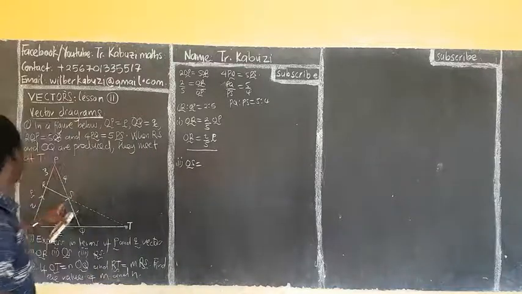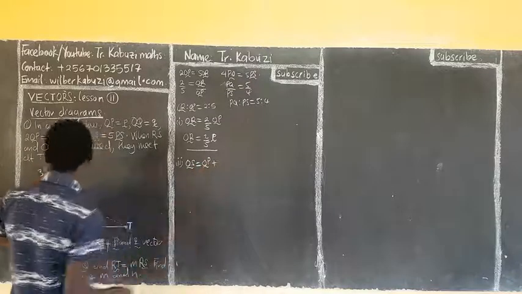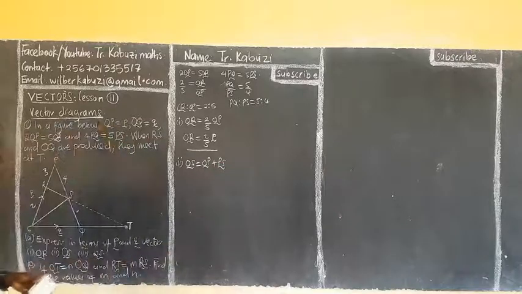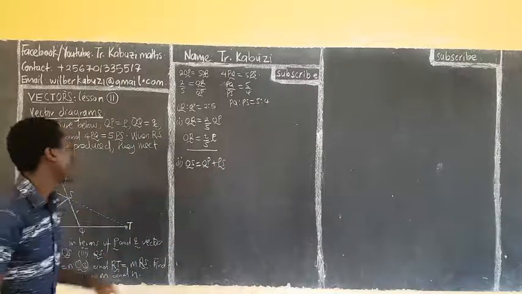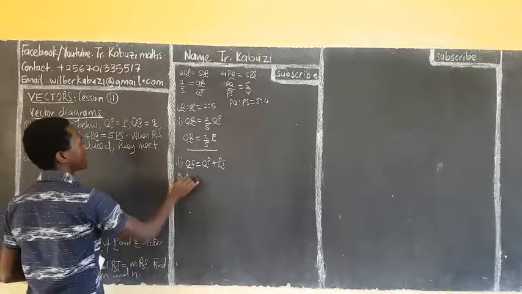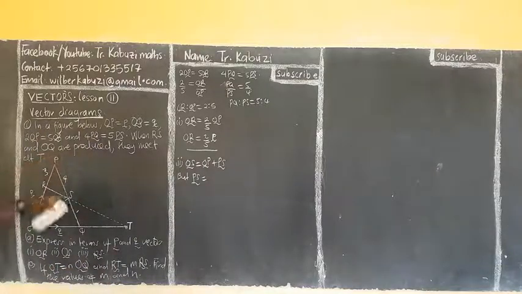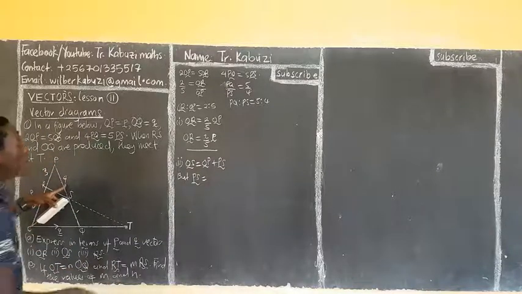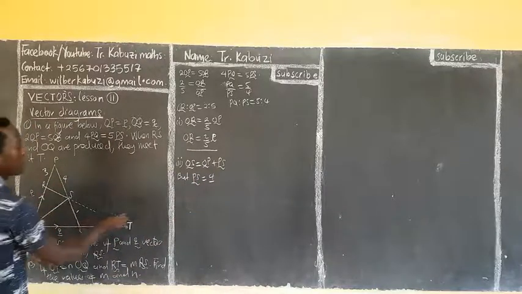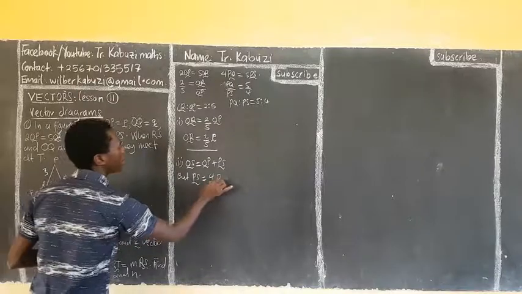So my OS is OP plus PS. Now I have OP but I don't have PS. But PS is on the line PQ. So PS is 4 over the ratio of this line, which is 5, of the line PQ.